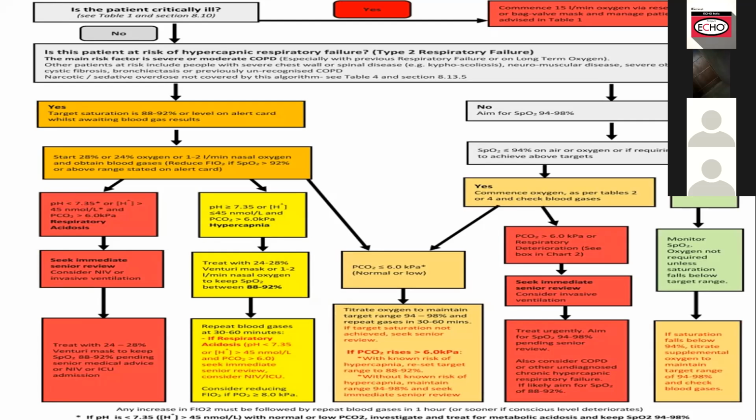needs a high SpO2. You should target 94 to 98, because this patient is somehow kind of safe.